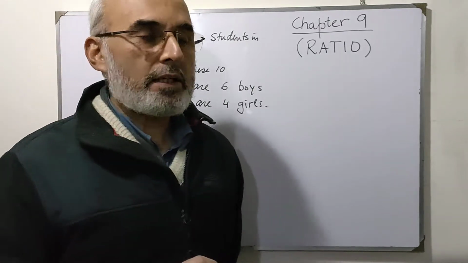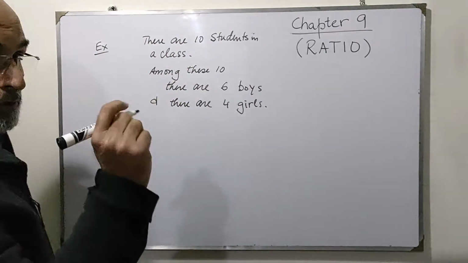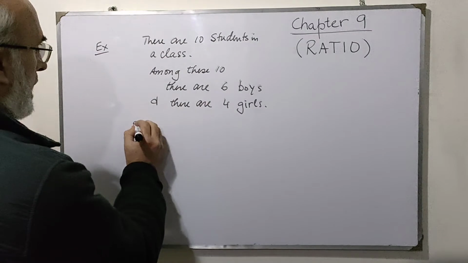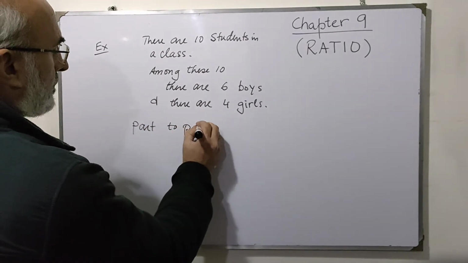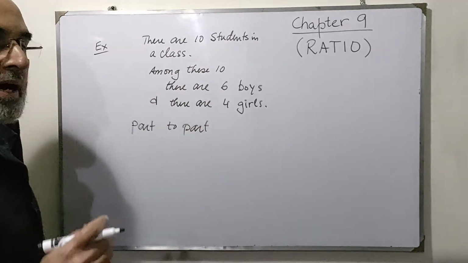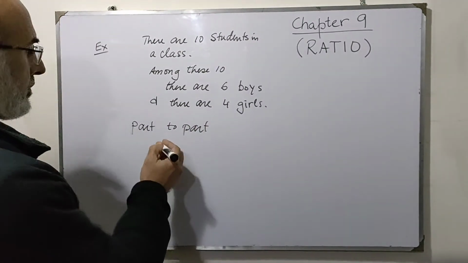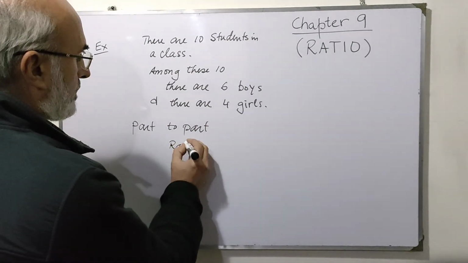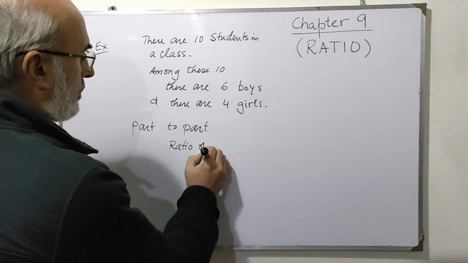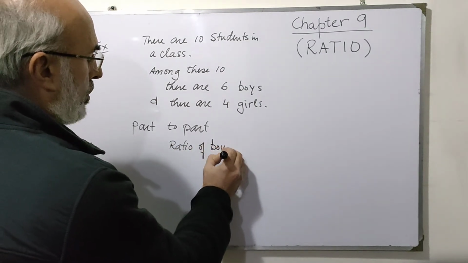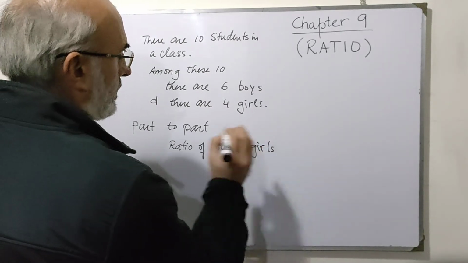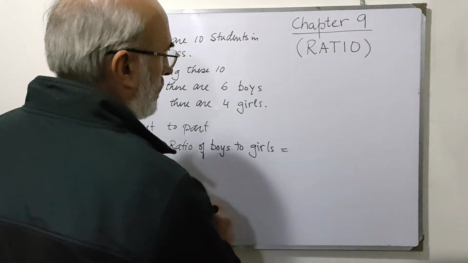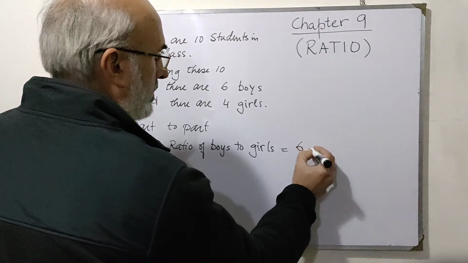Okay, so this ratio can be of two types: part to part. By part to part, I mean ratio of boys to girls, and that is equals 6.